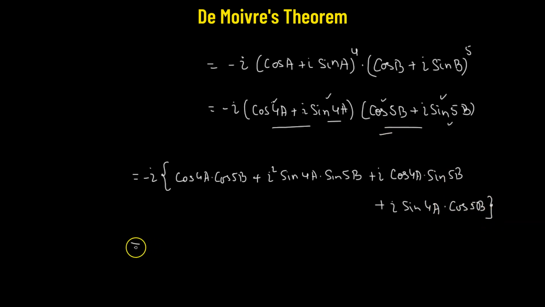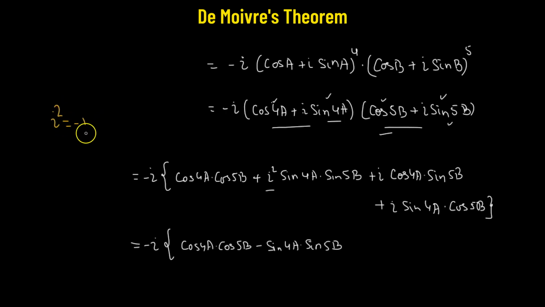Fine. This will give us negative iota multiplied to, so we'll have cosine of 4a times cosine of 5b minus sine of 4a times sine of 5b, because we know that iota squared simply equals negative 1. So this will be one expression plus iota. We can take iota as the common factor.